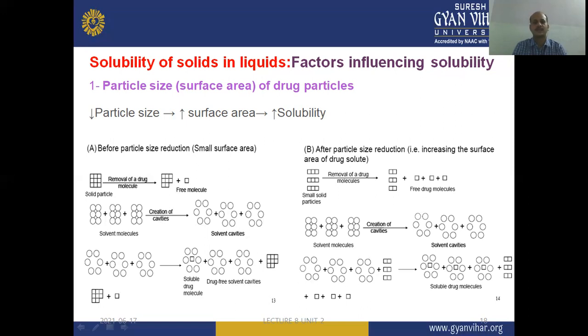So these are the three stages of the mechanism of solubilization. If the size is reduced and the surface area is enhanced, then the solubility will increase. So by increasing the surface area of drug particles, we can increase the solubility of a particular drug compound.